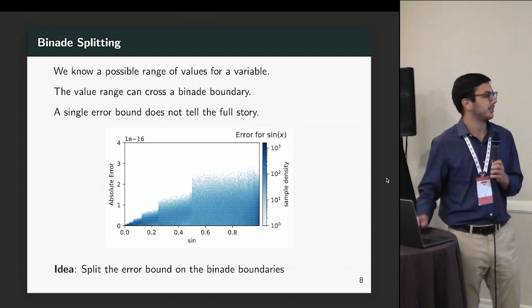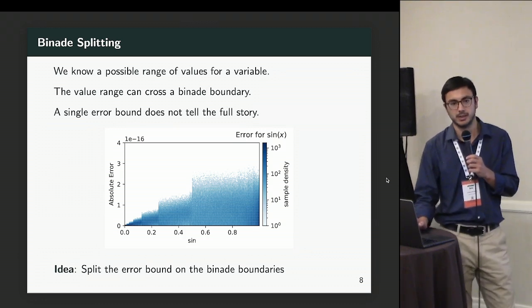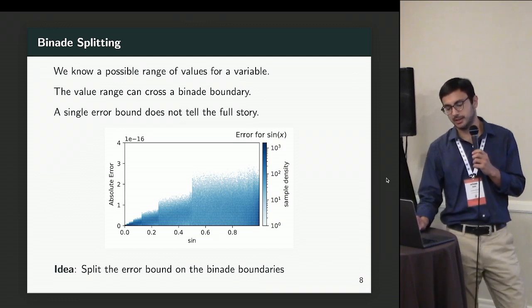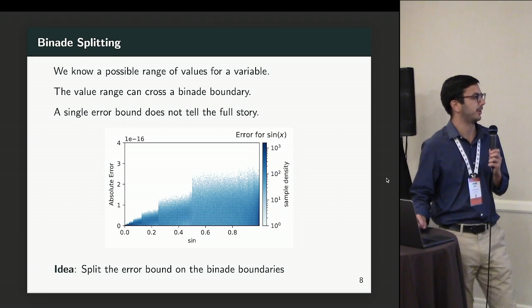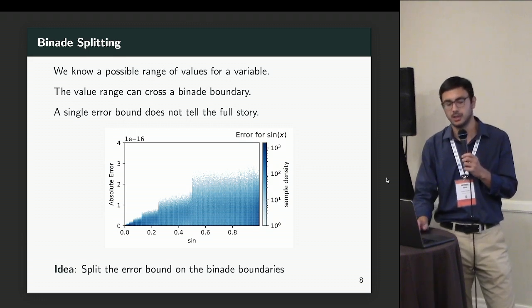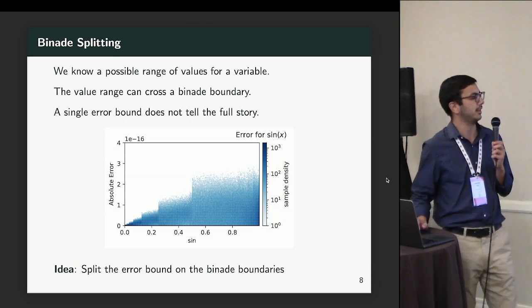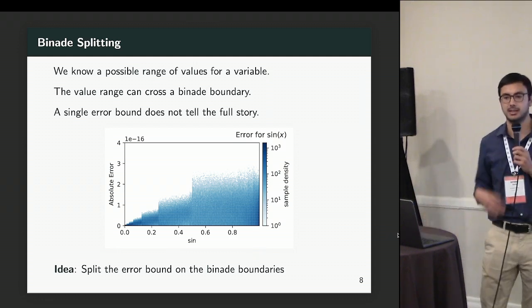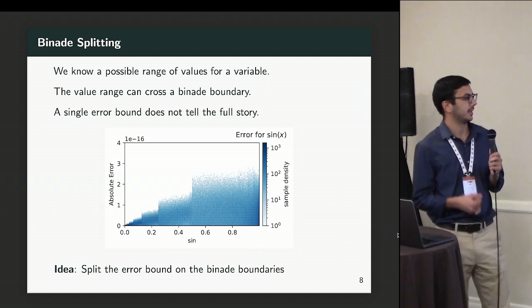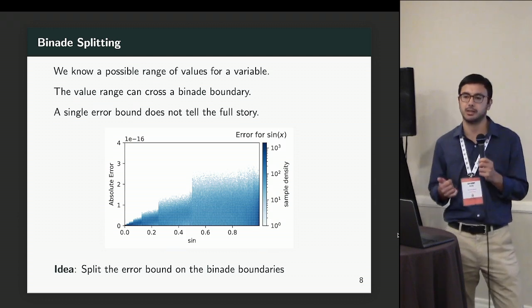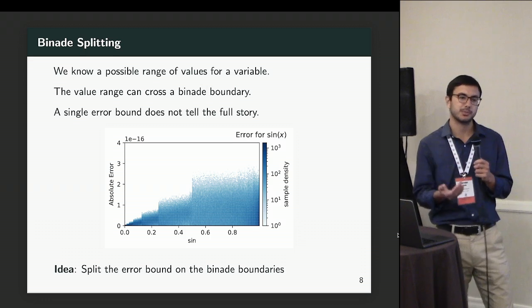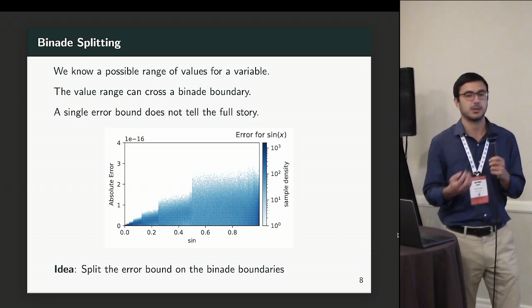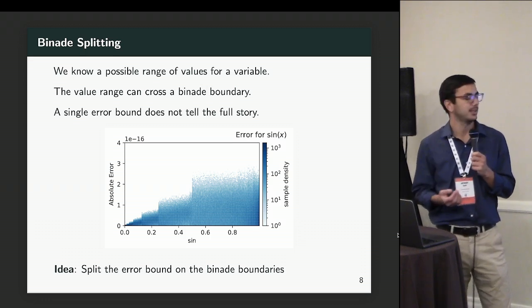However, this range of values can actually cross over a binade boundary. And we can utilize this fact to provide multiple error bounds for that variable depending on the binade boundary, which will allow us to tighten the error bound for these binades closer to 0. So this is sort of the key idea of our paper, that we can leverage these binade boundaries to not only get a more precise error bound, but we can also present to the user a better understanding of how the error will manifest in their program.